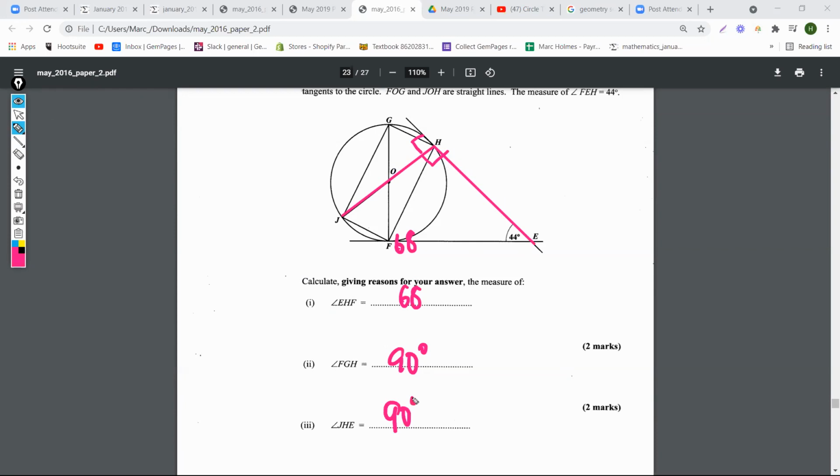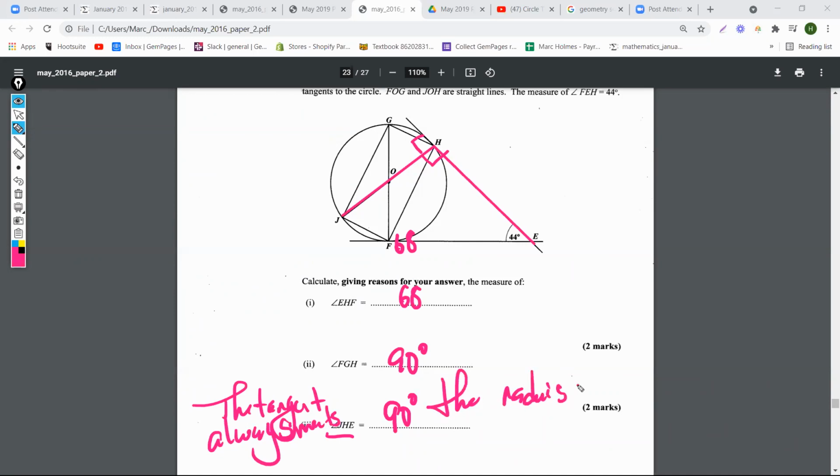So this JHE, J to H to E, is 90 degrees because the tangent always meets the radius at 90 degrees. If you look here, the tangent is right here and the radius is right here. So here would have to be 90 degrees, no doubt.